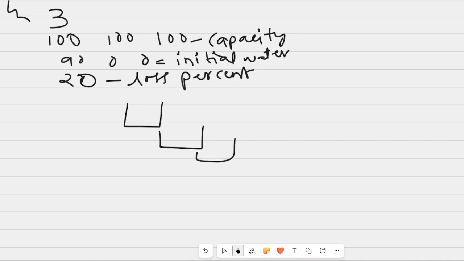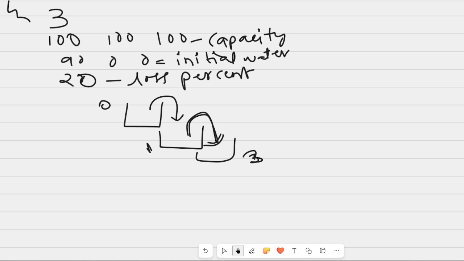We need to move the water from the 0th chamber to the 3rd chamber like this. From 0 to 1 the water will flow, and from 1 to 2, the second chamber, and so on. So the water will flow like this.